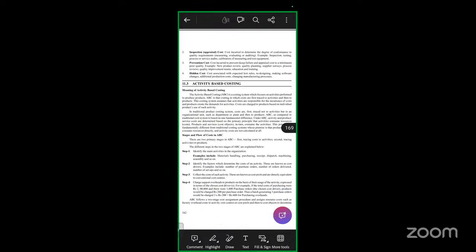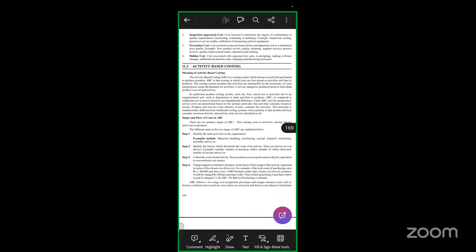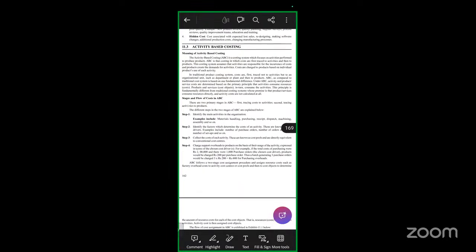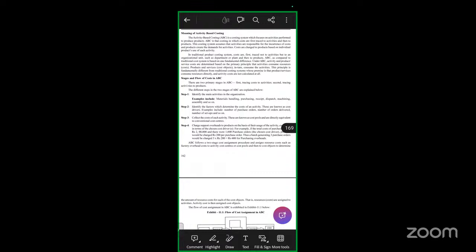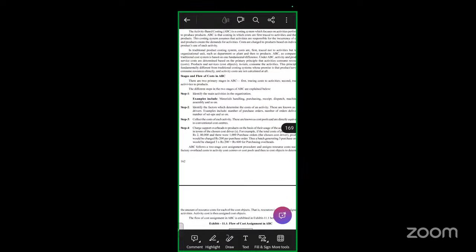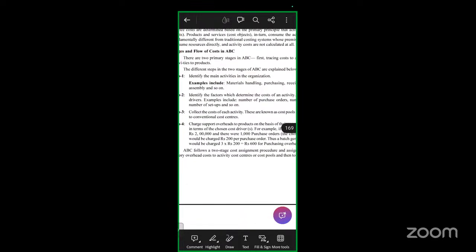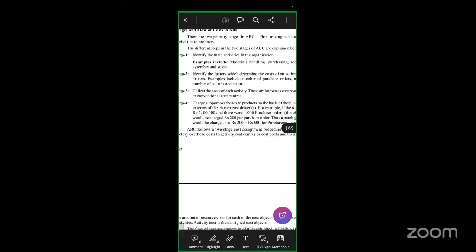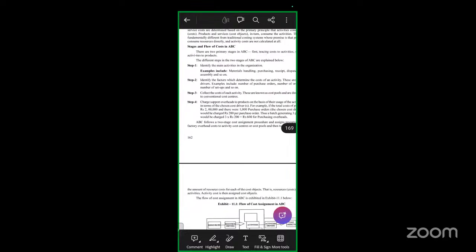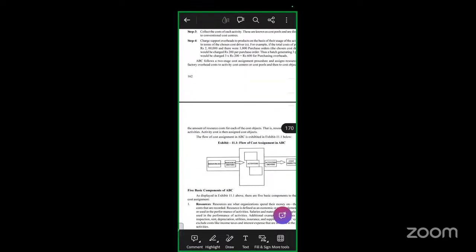Then we'll know about ABC. What is meant by ABC? Activity based costing. ABC is nothing but activity based costing. So here in activity based costing, we'll see this. Identify the main activities of the organization, identify factors that determine the cost, collect the cost, and charge.